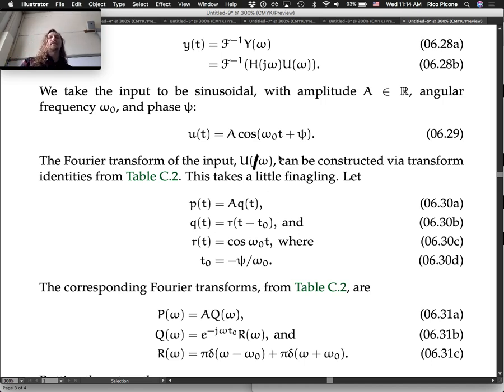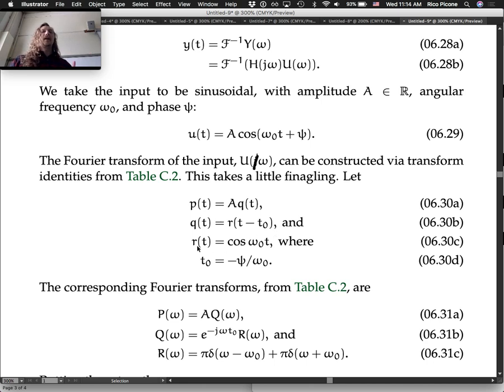Another one is that we have this time shift, which is a little subtle. We have omega naught t plus psi. So you can actually rearrange this to look like a time shift, which also shows up in the table. Okay, so we use that one.